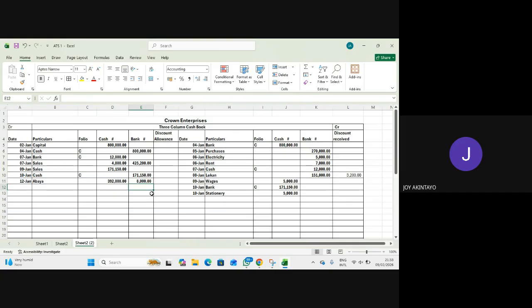Sometimes the examiner might test us by giving us a gross value. Then it is our responsibility to calculate the amount of discount we are giving out and also the amount of cash we are receiving from the customer. So it depends on how the examiner twists the question. Do you understand?